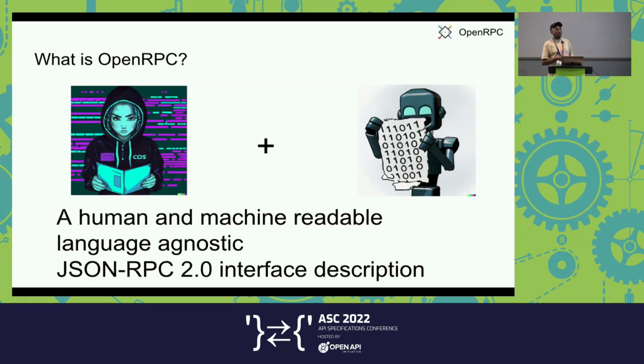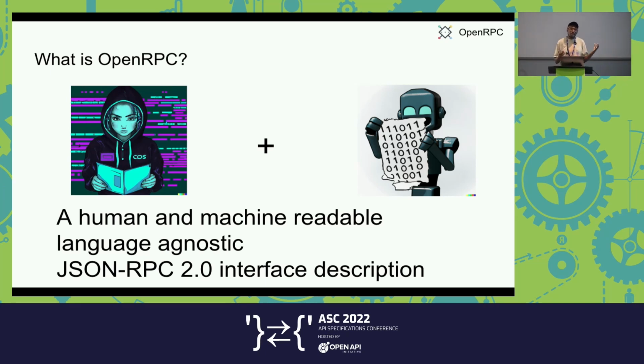All right, so we've been moving at a clip, but I want to get into what is OpenRPC. So OpenRPC is a JSON document description language that is programming language agnostic that allows you to describe your JSON-RPC APIs. So it's human readable and machine readable.